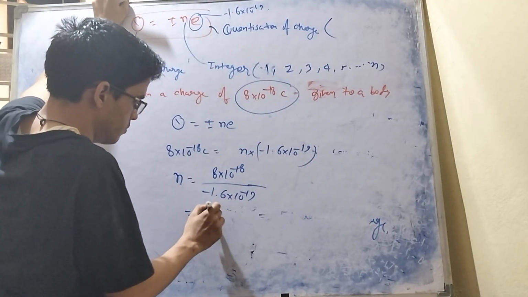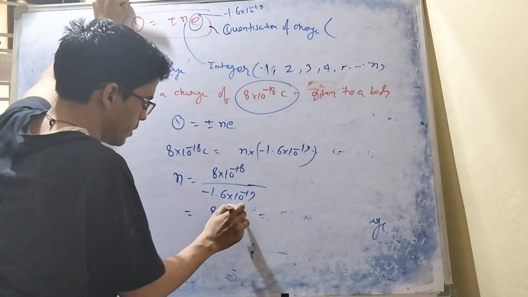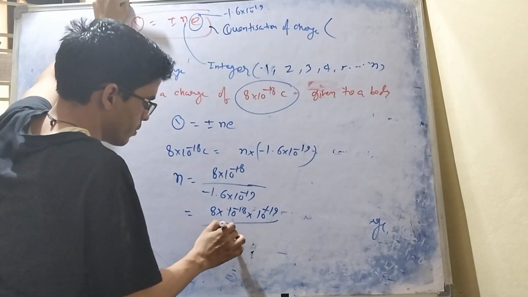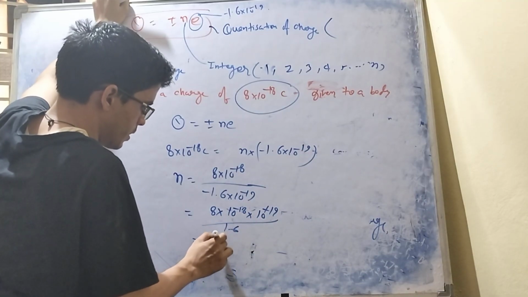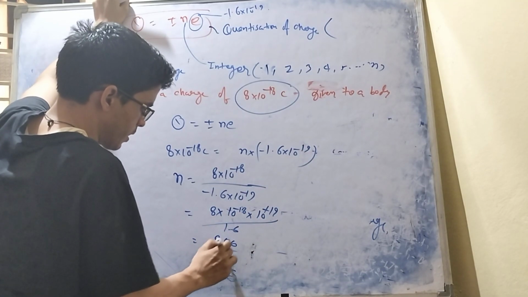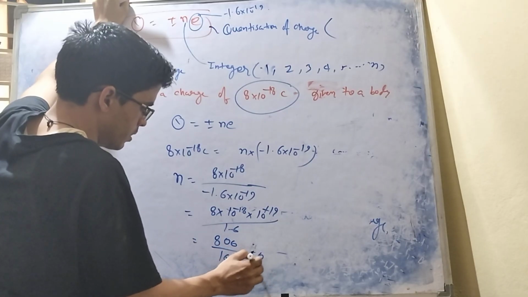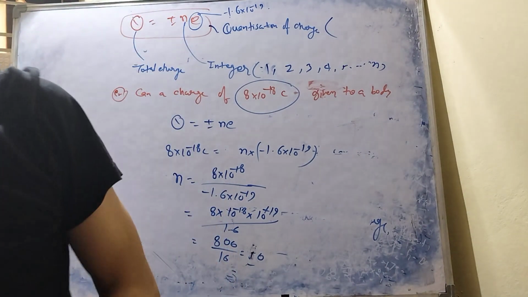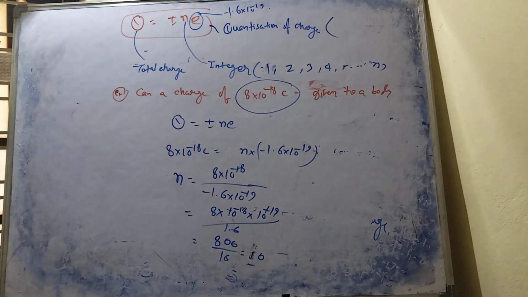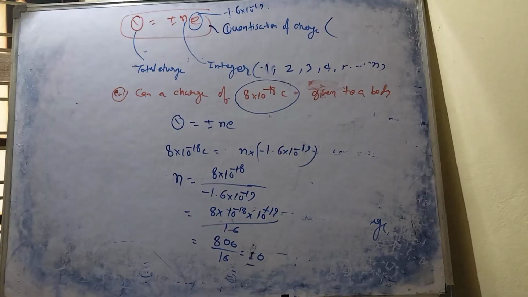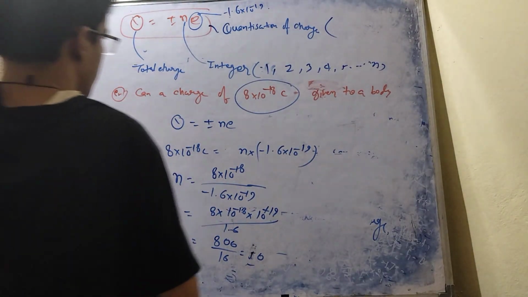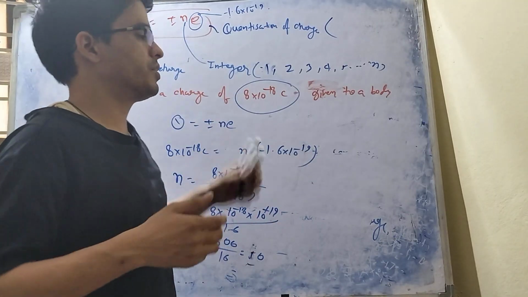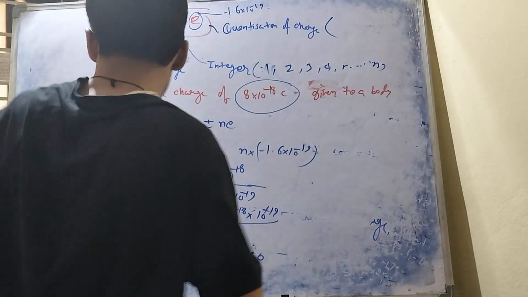What is n? If you get an integer, then it is correct. So n is 8 into 10 power minus 18 upon 1.6 into 10 power minus 19, which is 8 into 10 upon 1.6, that is 80 upon 1.6, which is 50. Is 50 an integer or not? It is an integer. So we can say yes, it is possible to provide these charges to a body.